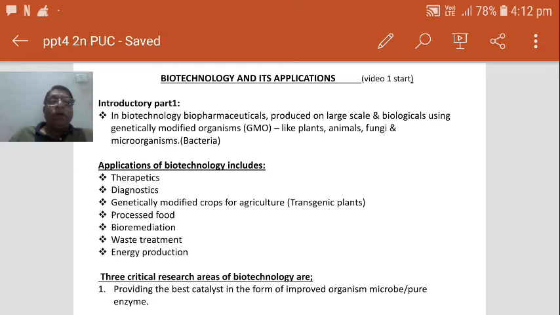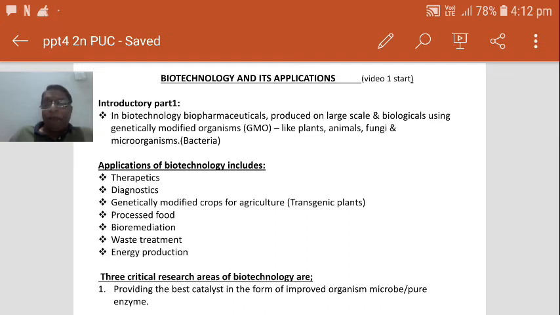The technique we call gel electrophoresis. So like that, different processes we have seen. Now, using those processes, we produce the products. What are the applications of this?